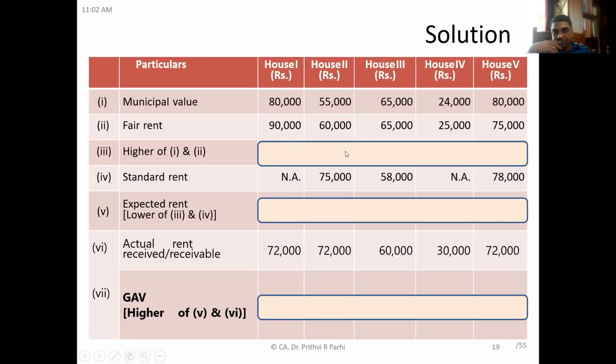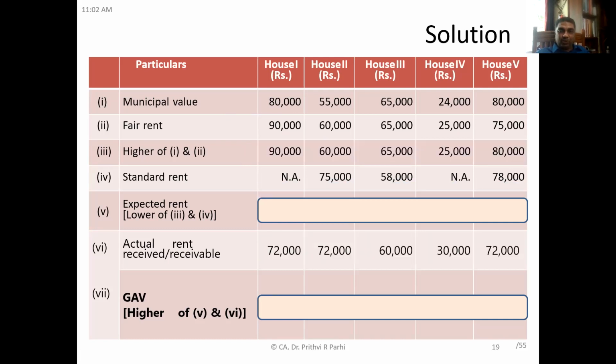So 90,000, then 60,000, then 65,000, then 25,000, then 80,000. All of you have understood: all you have to do is take the higher figure. That's the first step of comparison. The same figures are taken here. Then standard rents are given. Now you have to take a call. What is the expected rent?